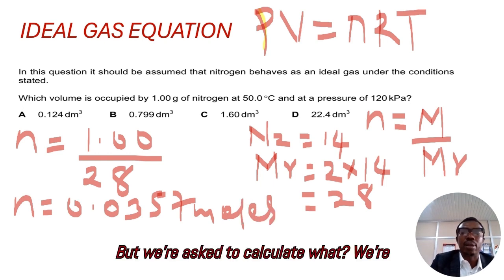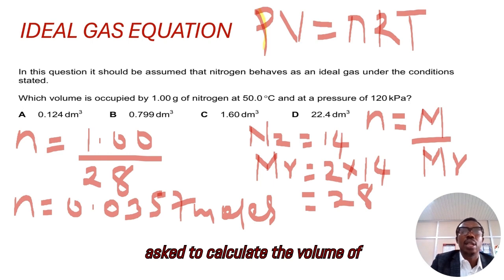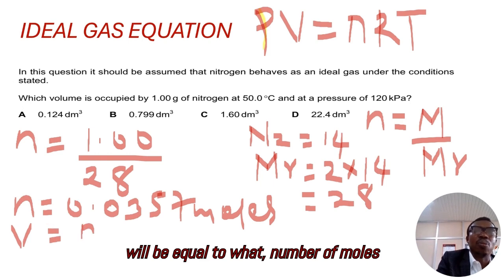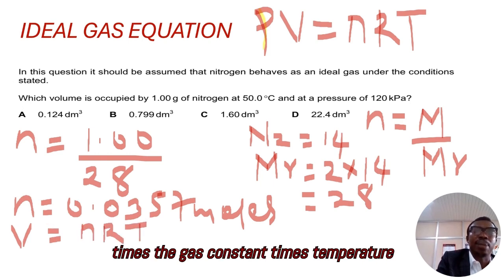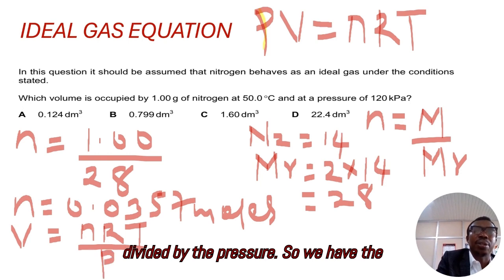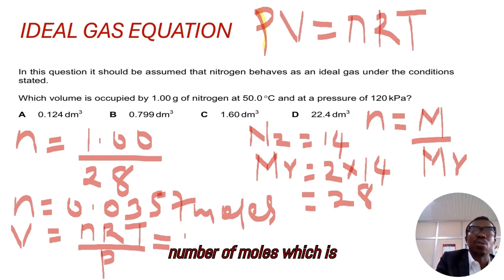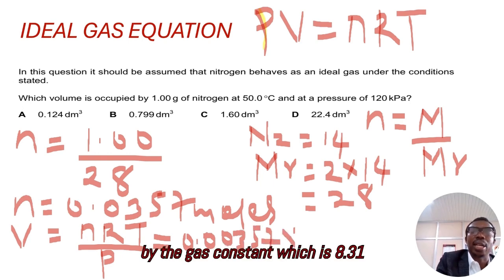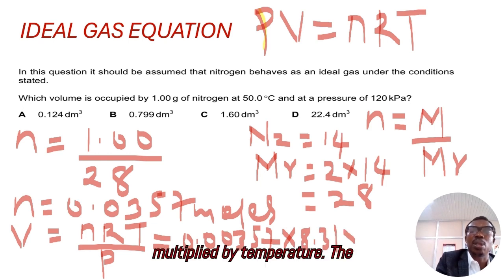But we're asked to calculate the volume of nitrogen. So make the volume the subject of the formula. The volume is equal to the number of moles times the gas constant times temperature divided by the pressure. So we have the number of moles multiplied by the gas constant, 8.31, multiplied by the temperature.